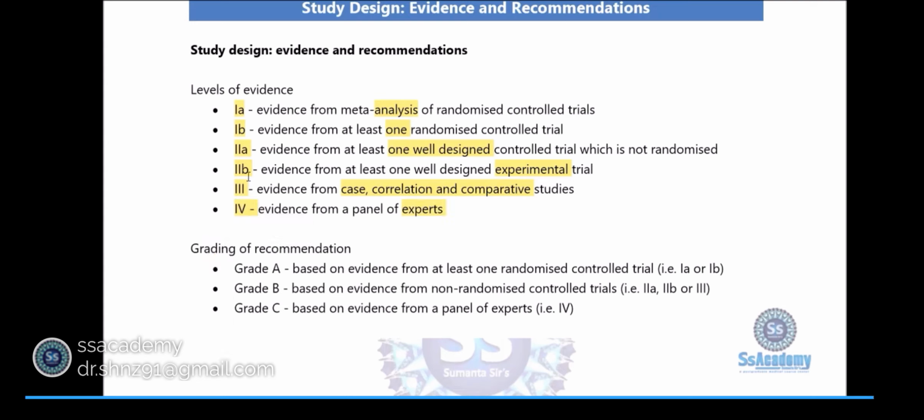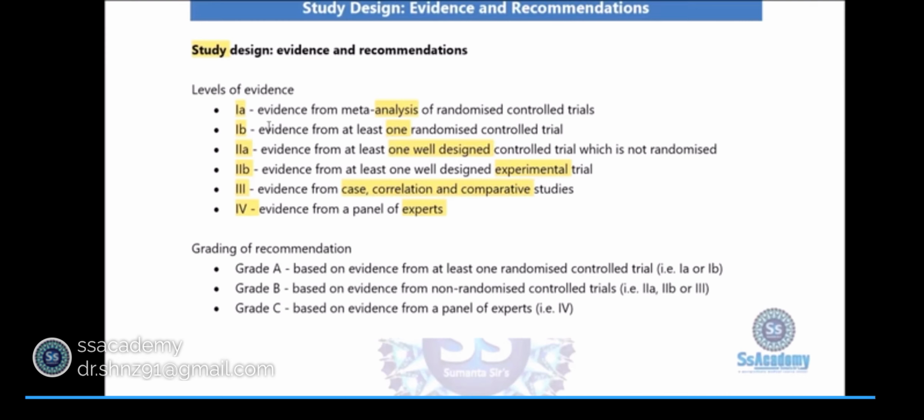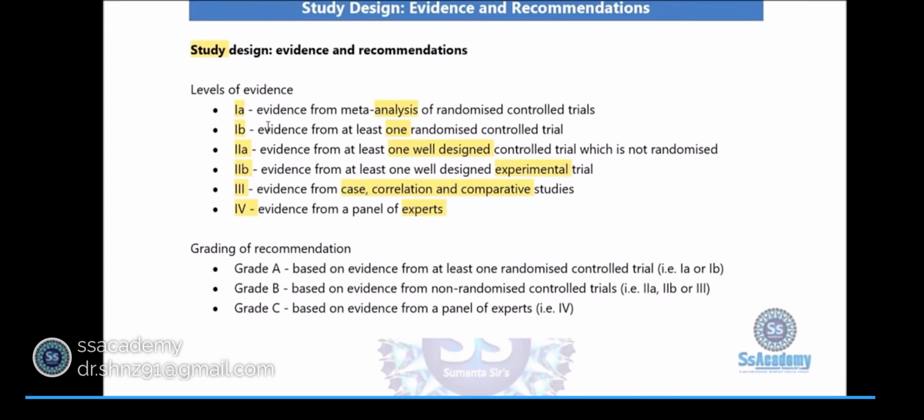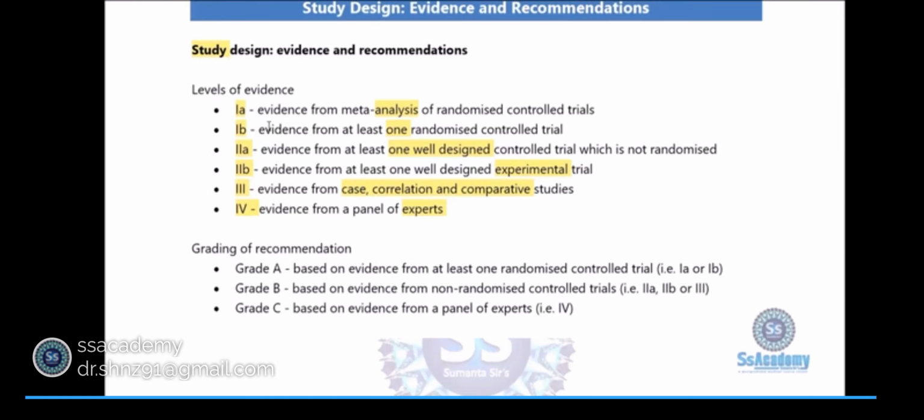So yes, my dear doctor, you need to make a box for study design and the evidence. What do evidence and recommendations mean? Evidence means evidence-based, so that you can rely on the evidence. If it is written that this is 1A evidence, it is the highest grade of evidence, rather than 4. So the level of evidence is really important.